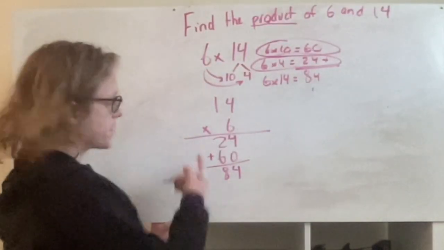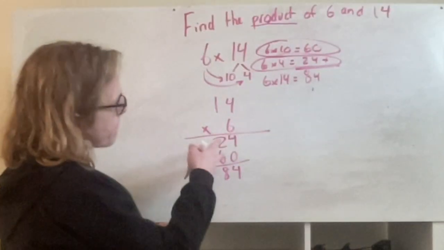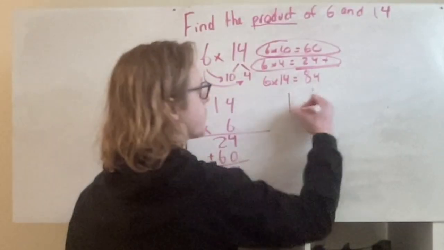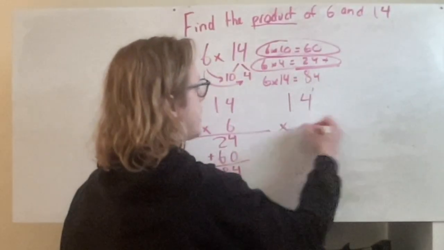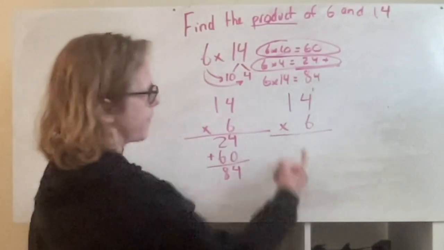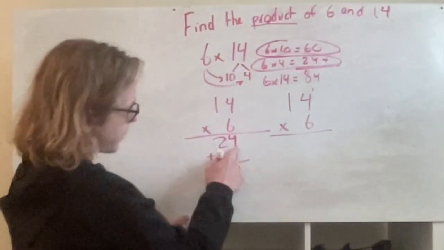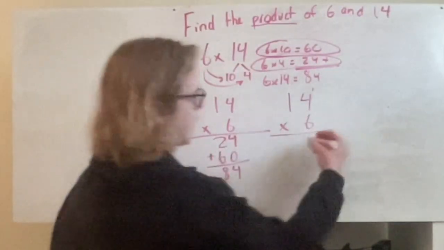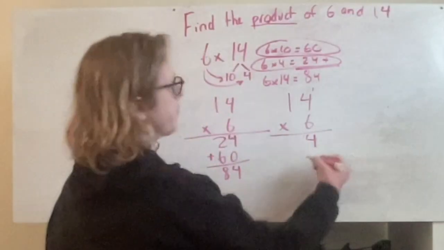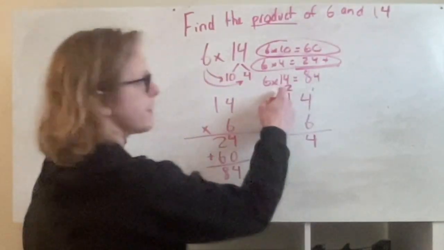So this is essentially what we do with the algorithm, but there's a couple shortcuts just to make it faster that we do. So let's look at those. 14 times 6. So here I'm going to say 6 times 4 is 24. But instead of writing 24 out like this, I'm going to put the 4 from the 24 down in the ones place, but the 2 of the 24, the 20 belongs in the tens place.